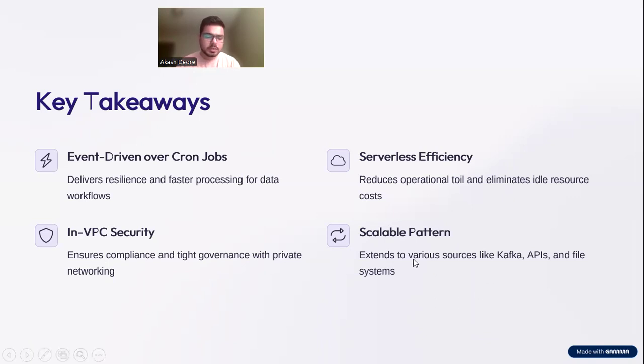The pattern extends. You can swap MySQL for Kafka, Salesforce, or even streaming APIs. The same Lambda plus S3 plus DynamoDB backbone applies for every service. We just place whatever API model or structure we want to utilize.